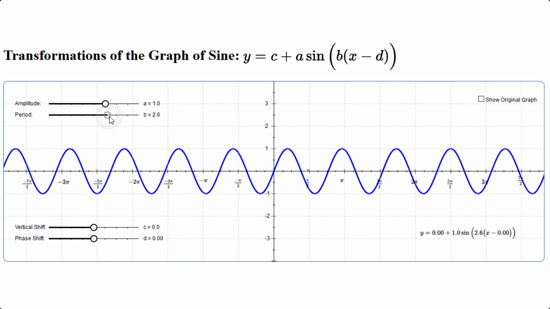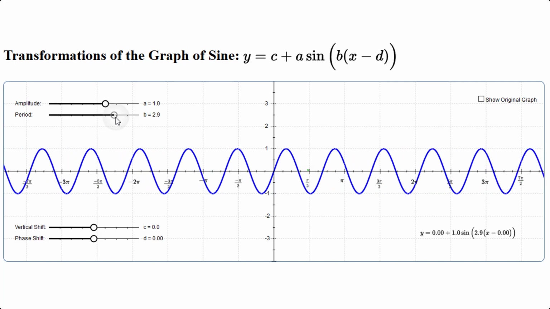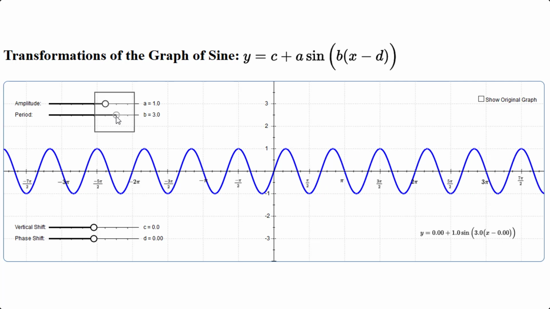It just makes it so that you have 3 full rotations happening by the time you get to 2 pi. I'm not quite at 3, but there you go. So you get the idea here. This is one full pattern here, a second full pattern here, and the third full pattern there. So from 0 to 2 pi, in that case, 3 patterns occur.